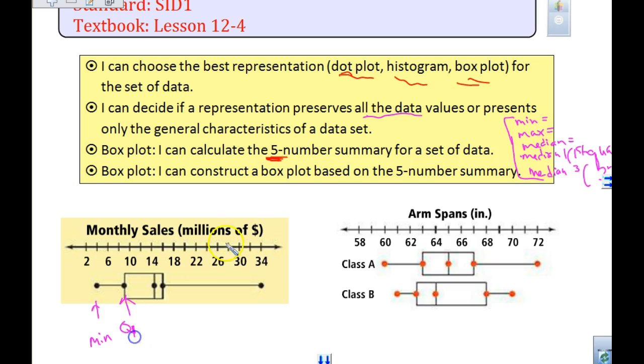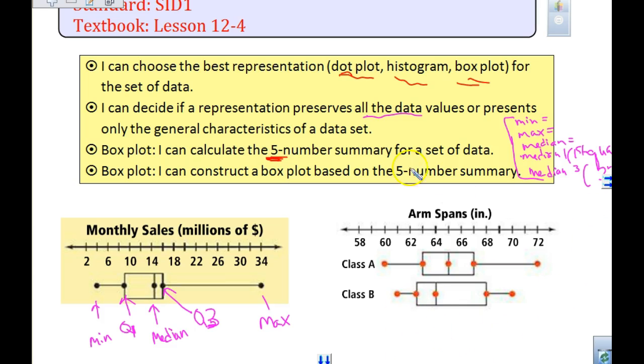That's the middle number. This is another median, referred to as our quartile 3. And then this is our maximum. Anytime you have a box and whisker plot, you have those 5 numbers, thus the 5-number summary, so make sure you know how to construct and plot the 5-number summary.